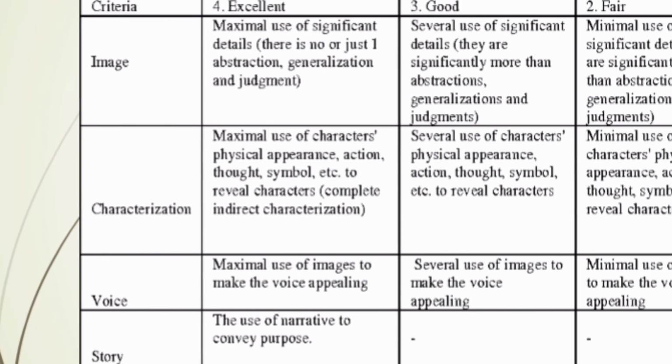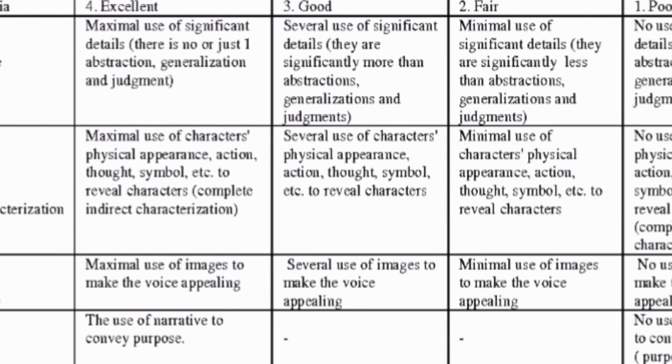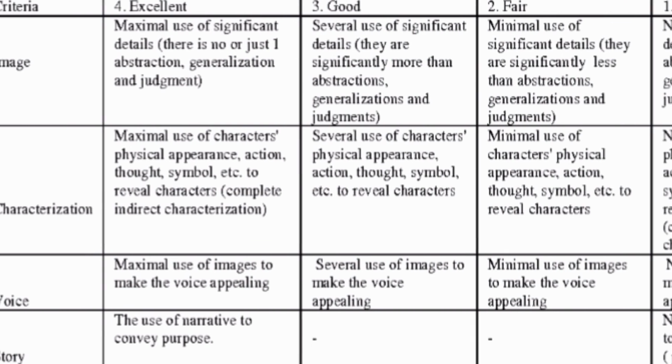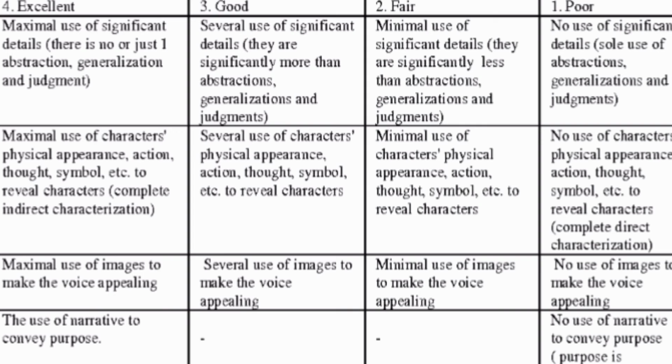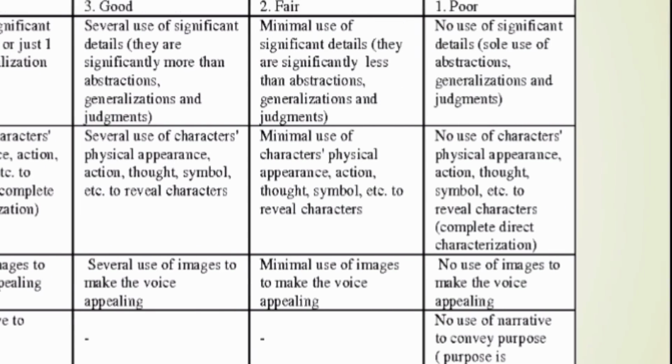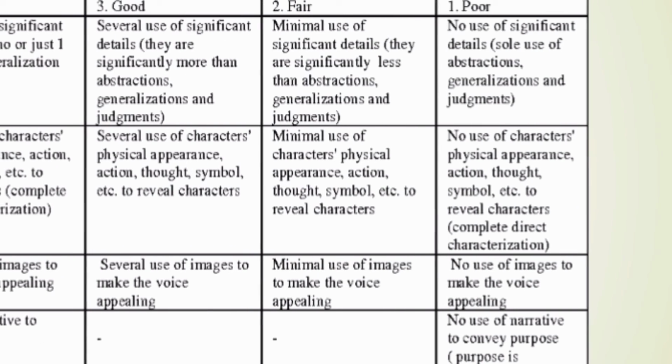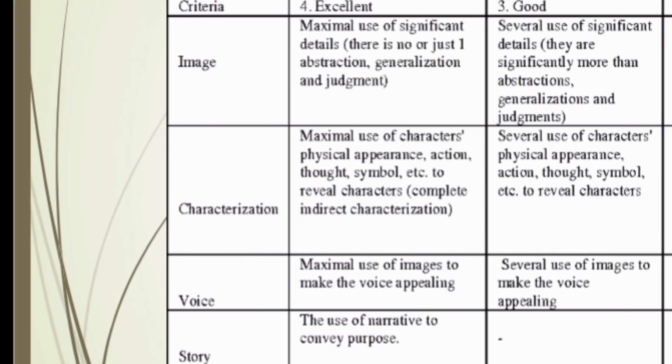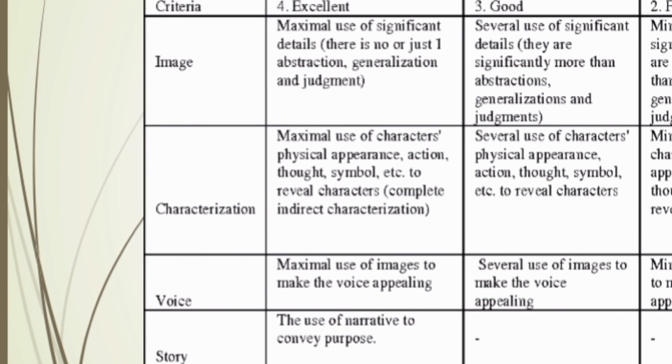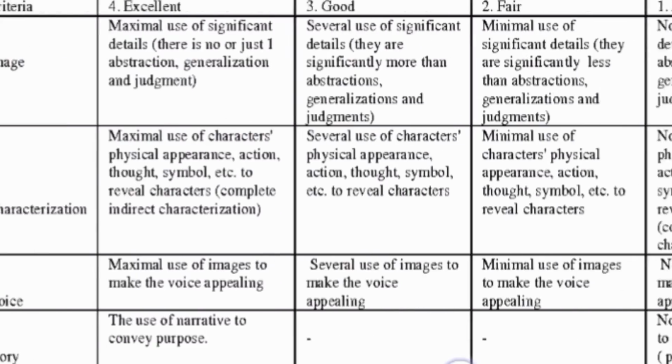If his or her image makes maximum use of significant details, you could score 4. Several uses of significant details can be good. Minimal use of significant details, fair. And poor for no use of significant details, as well as in the characterization, voice, and the story.